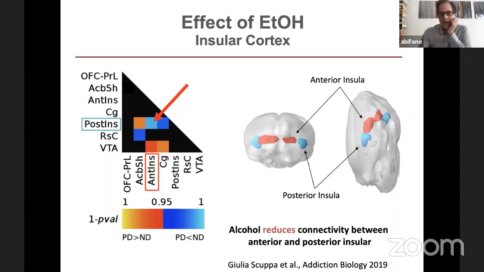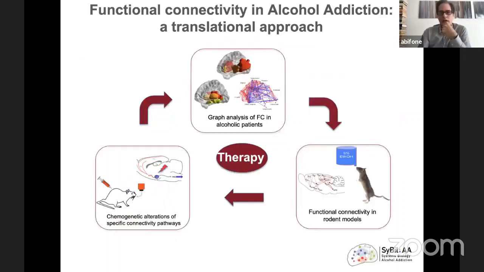So alcohol seems to do to the brains of animals the same thing that it does to the brains of humans, which is interesting and gives us a tool, because in animals we can actually use some neurobiological approaches to try and change the activity and the connectivity of the insula to see whether that can change their behavior.